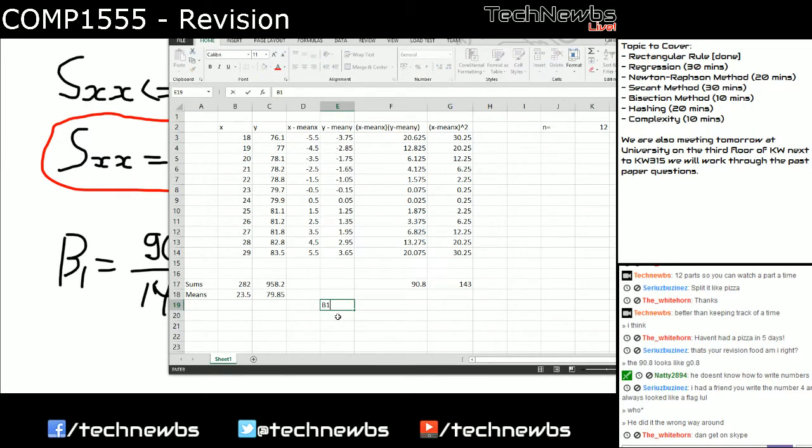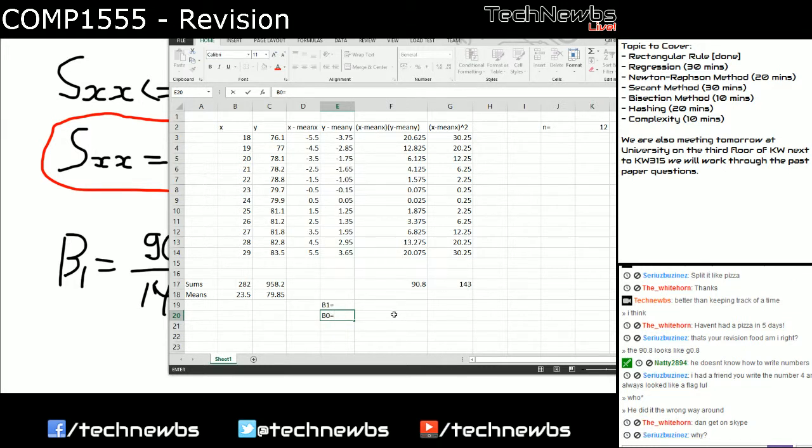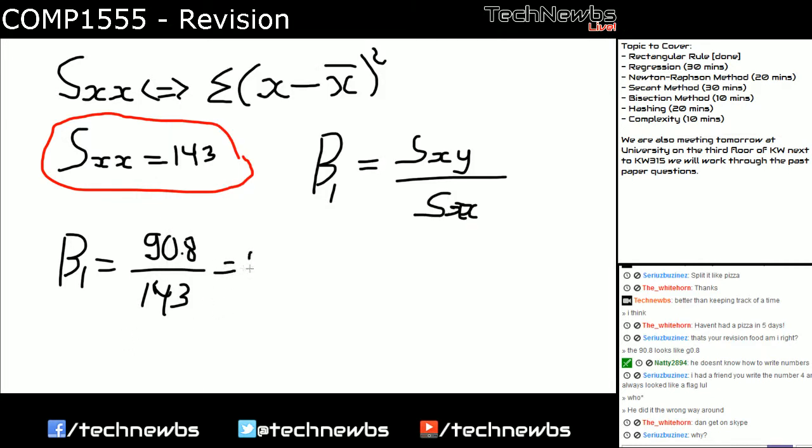I'm going to put it on the sheet so I remember. So this will be this value divided by that value, and you essentially do this. So it'll be 0.634965.